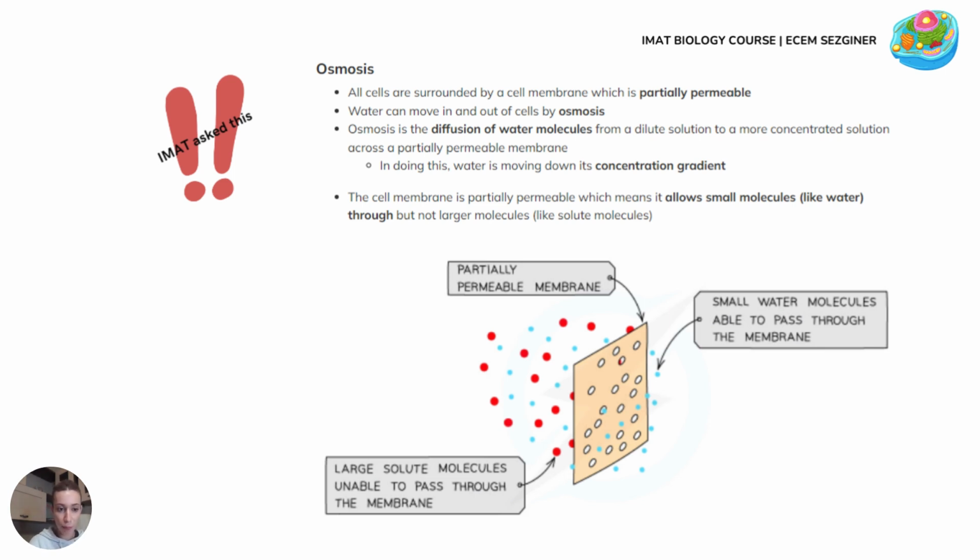So it's water abundant, but it's diluted, because in chemistry, when we say dilute, it actually means that we have less material inside the solution. But since it's diluted, it actually has more water and less other materials. So it's important not to confuse this at this point. We are passing from a more water abundant area to a less water abundant area. The concentration gradient logic is the same.